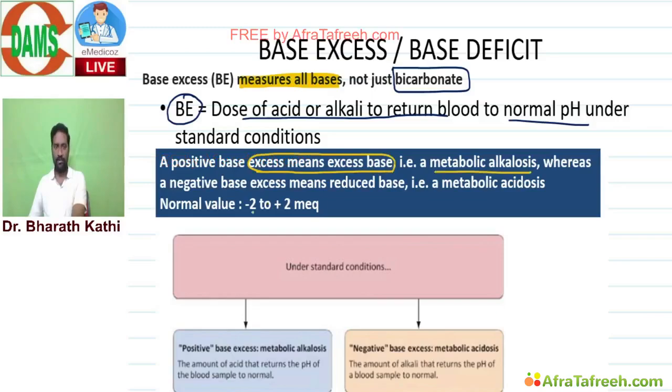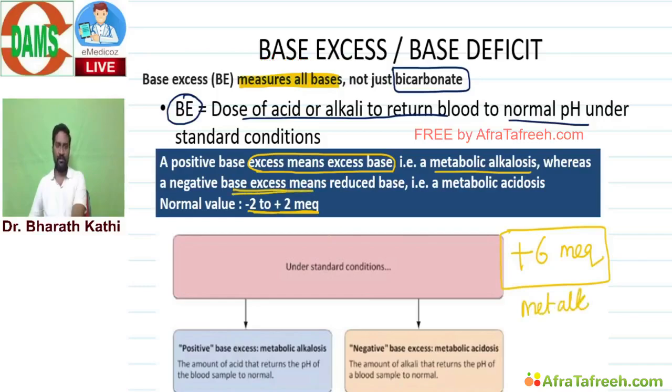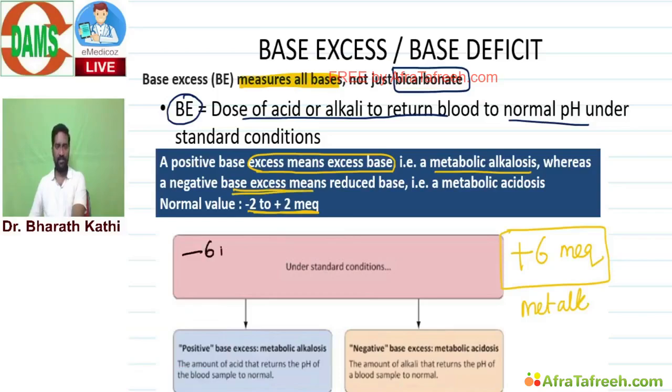Normal value is between -2 to +2 milliequivalents. If the base excess is somewhere around 6 milliequivalents, in his body base is in excess. So when will you call base excess? It is metabolic alkalosis.